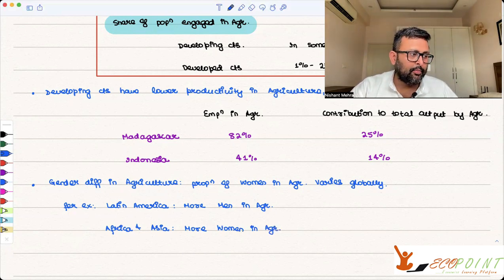In Africa and Asia, more women in agriculture, right?